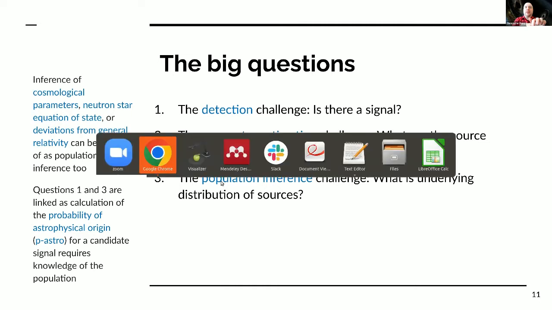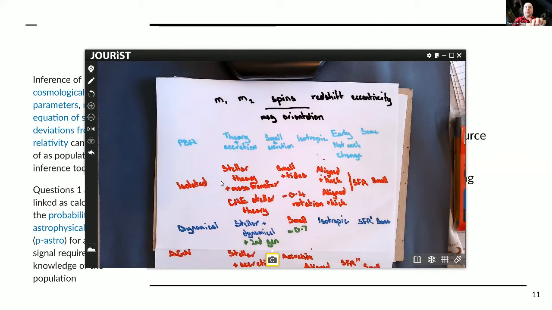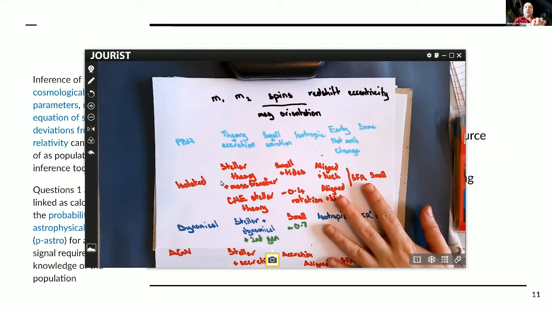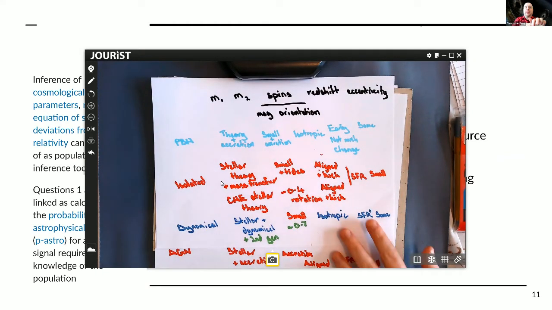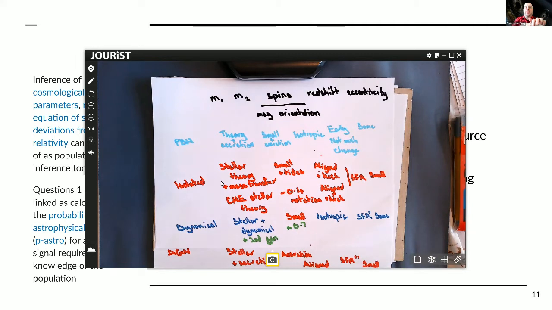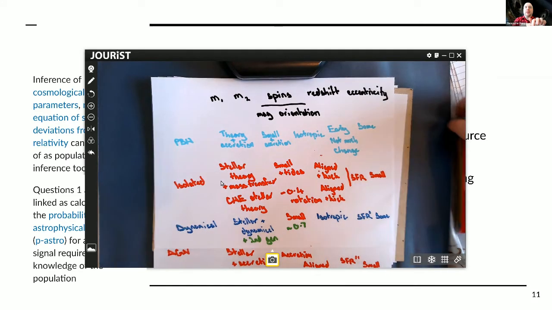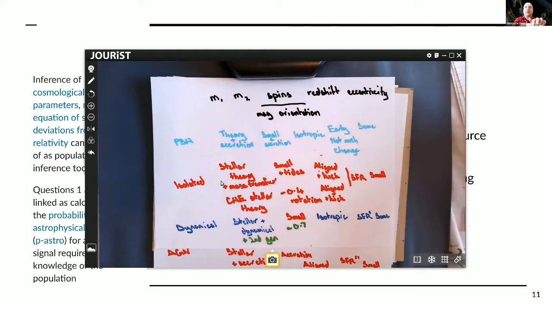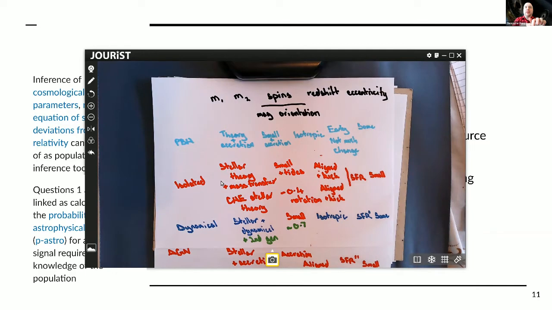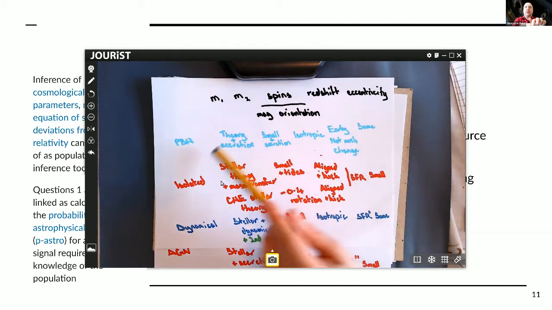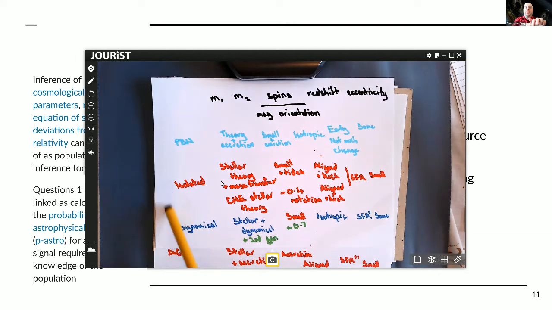And we'll go through and start discussing some population inference related matters. Just as a reminder, we have a whole host of different formation channels suggested for forming merging binary black holes, binary neutron star black holes. So we have primordial black holes, then a range of different astrophysical channels.